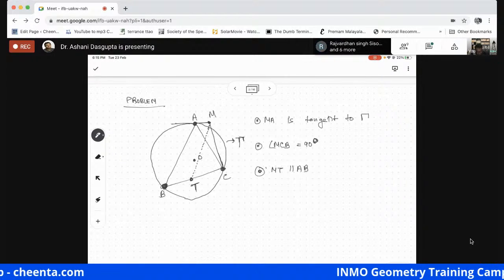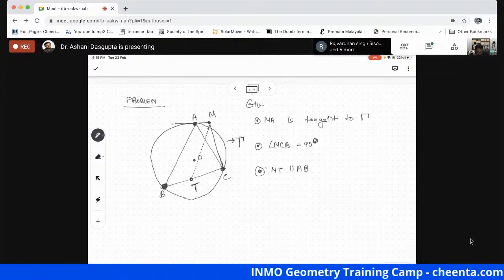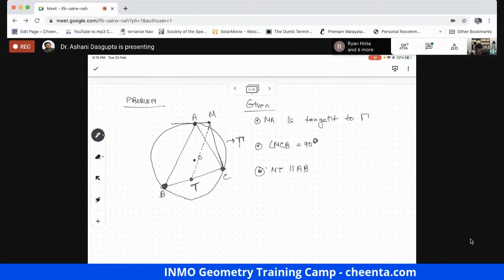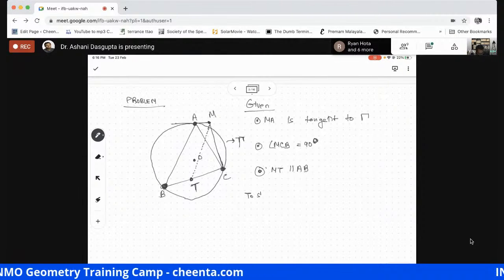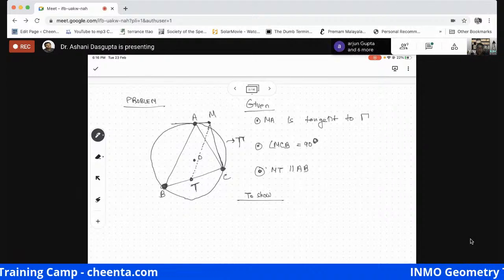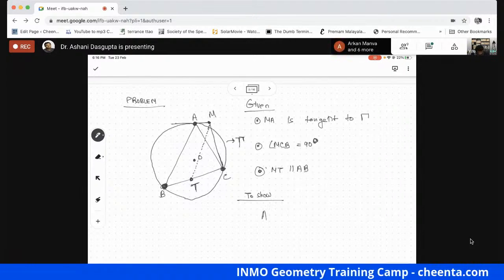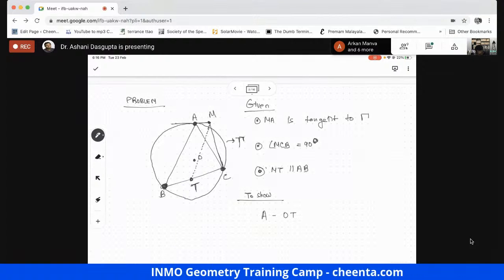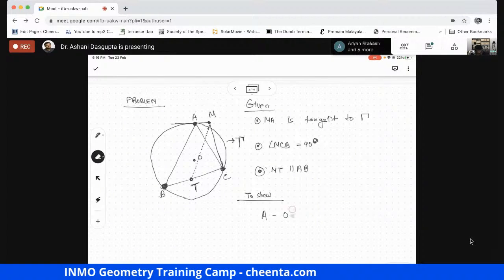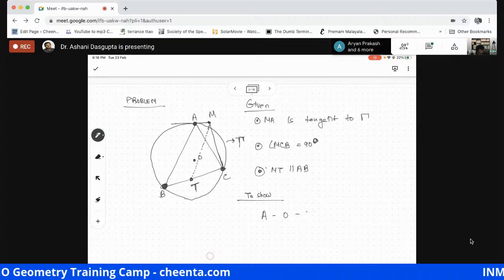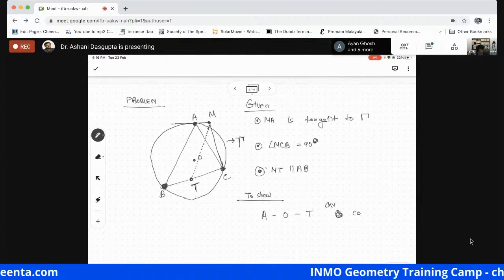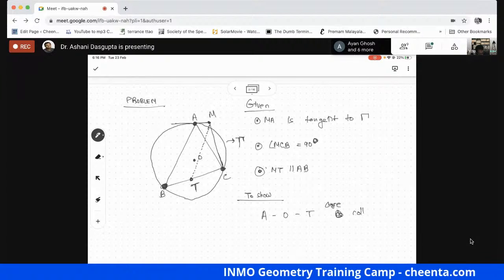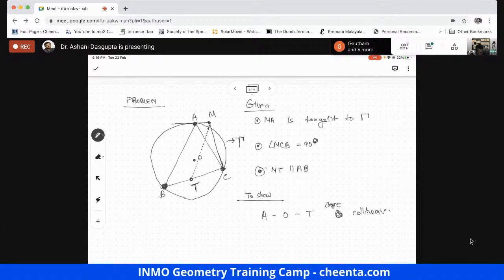These three things are our given information, and we want to show that A, O, T are collinear. Okay, this is the goal.